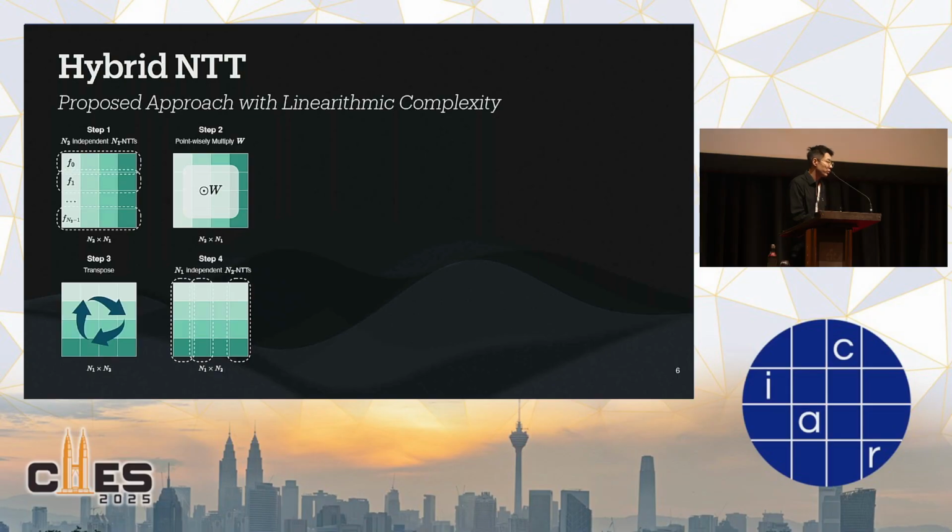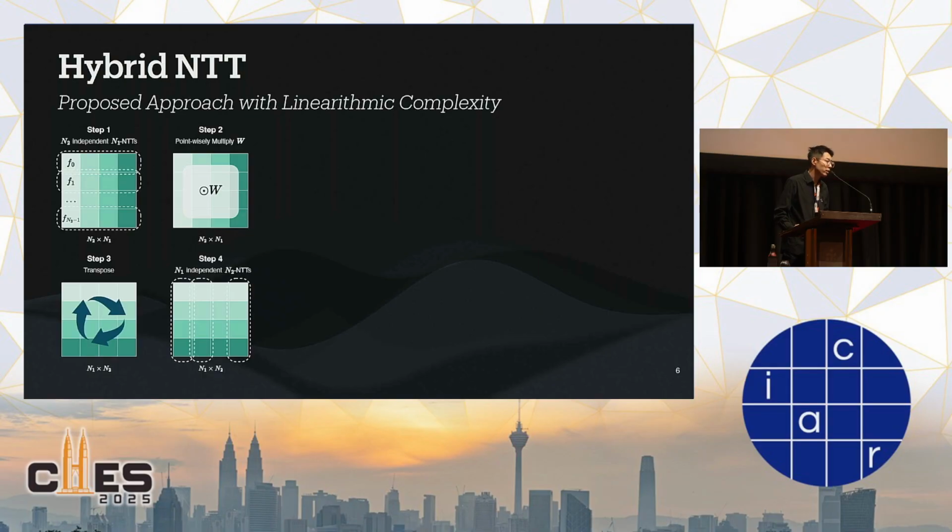So for a large n, we can use n1 and n2, where n1 times n2 is the original n.